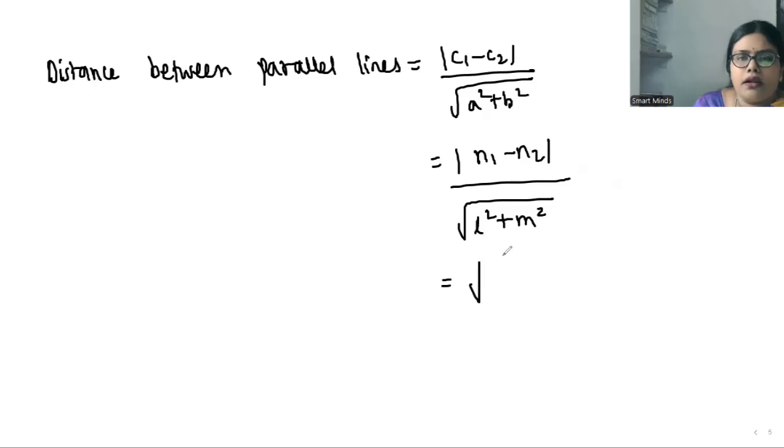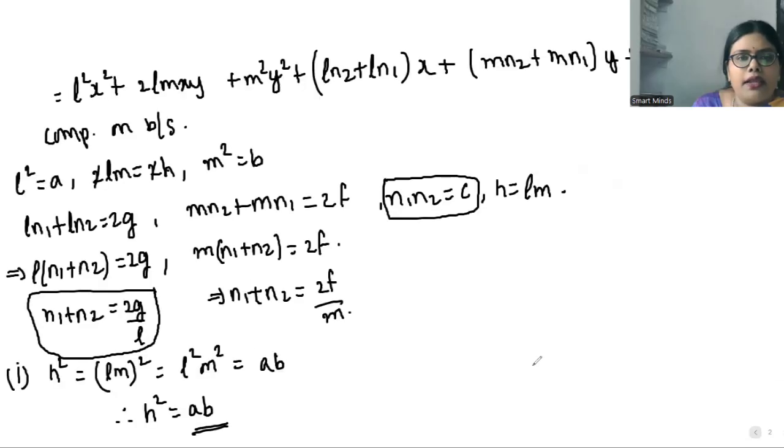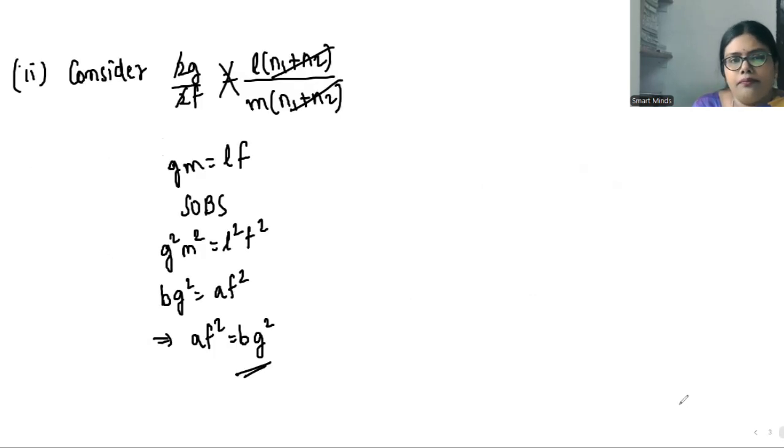That is again under root N1 plus N2 whole square minus 4 N1 N2 by root A plus B. Now here for N1 plus N2, I will take this value, that is 2F by M.